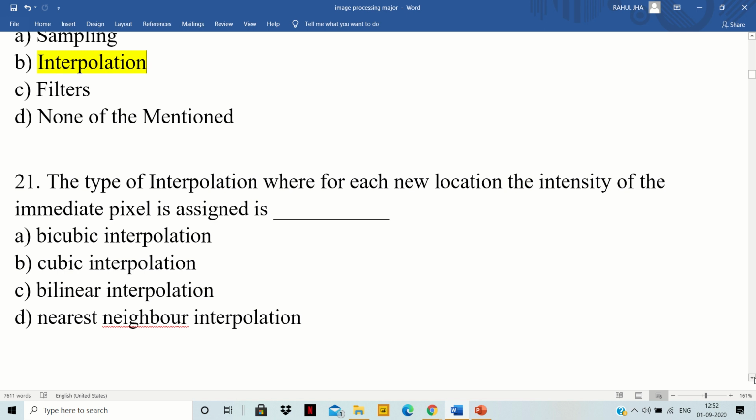How are we going to give the intensity for the immediate pixels? We are going to use option D, which is nearest neighbor interpolation.